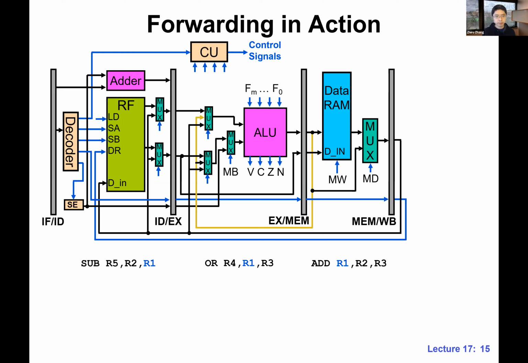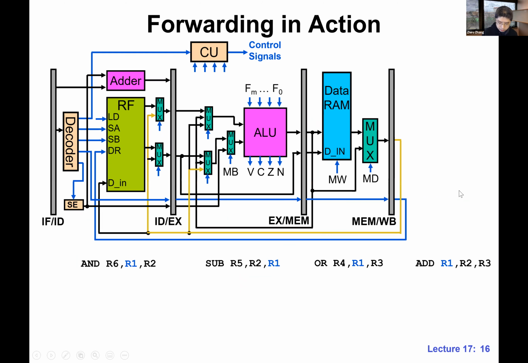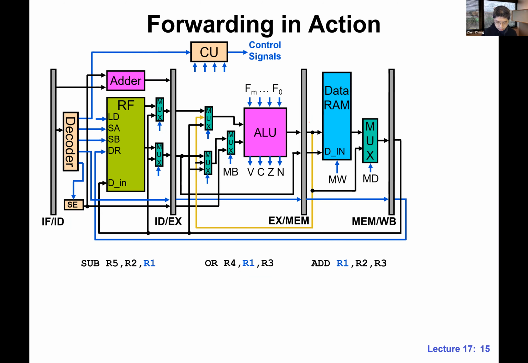So in the next cycle, when add is in the MEM stage and OR is in the EX stage, we are going to be activating this yellow path. This is where we have the updated R1. The updated R1 is going to travel through this yellow path and hit this mux.